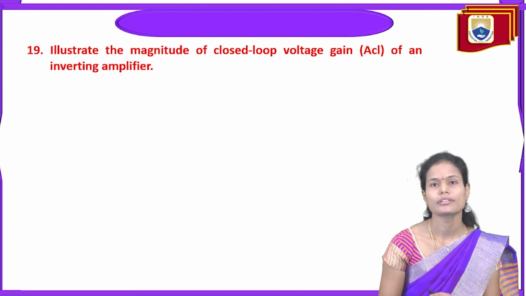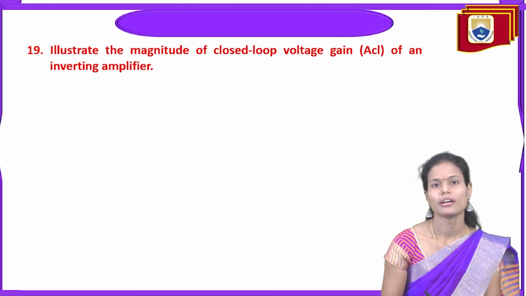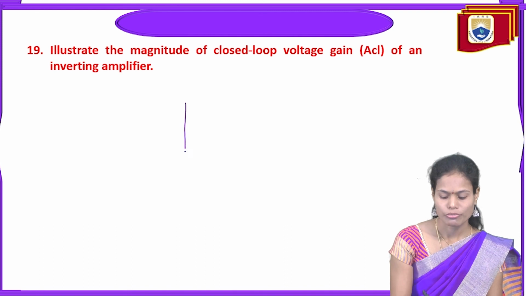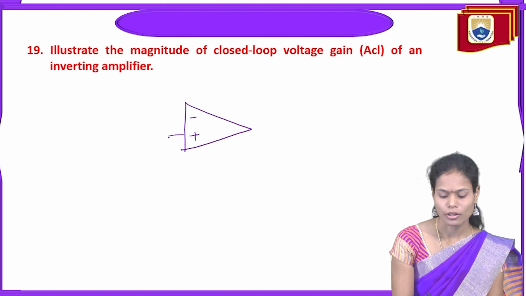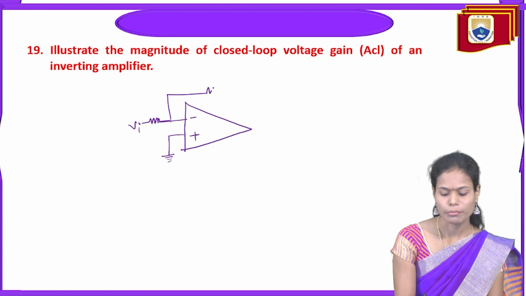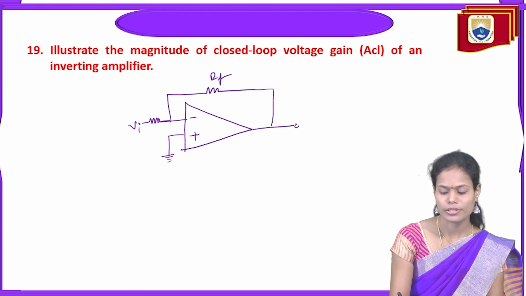And next, illustrate the magnitude of the closed loop voltage gain of an inverting amplifier. To find the closed loop gain of the inverting amplifier, I am taking the inverting amplifier. The non-inverting terminal of this one I am grounding. For the inverting terminal, we are providing the input voltage through the resistance, and through the feedback resistance RF we are taking the output voltage.